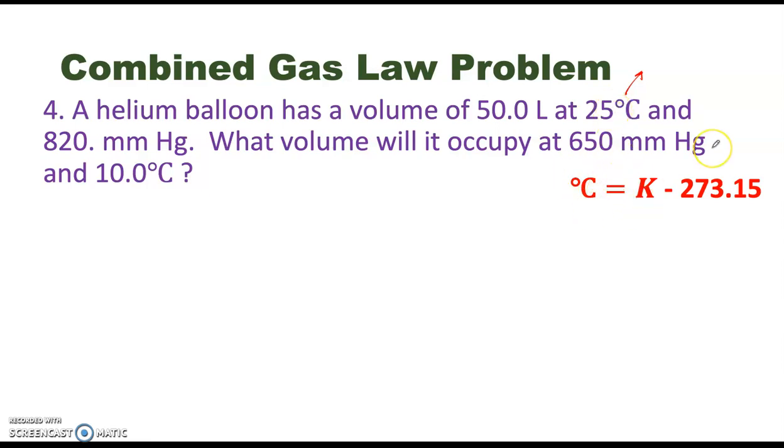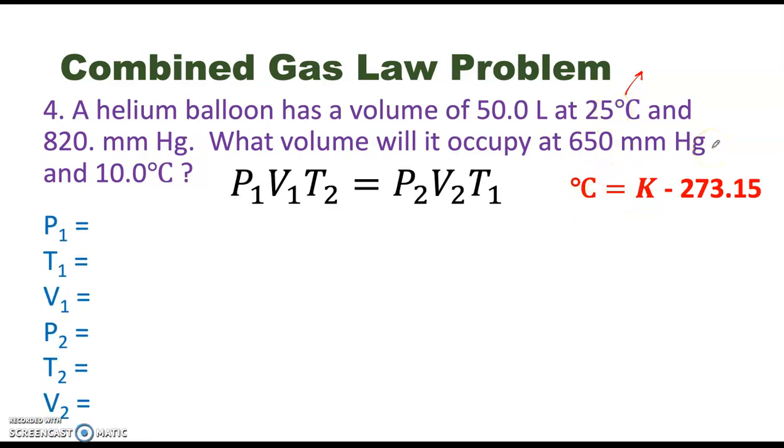I guess I got the wrong equation there. We'll just flip that around. The Kelvin goes to this side, Celsius goes to this side, and we're going to add. Perfect. Problem solved. So we take 25 degrees Celsius, we add 273, and we're going to get 298 Kelvin.